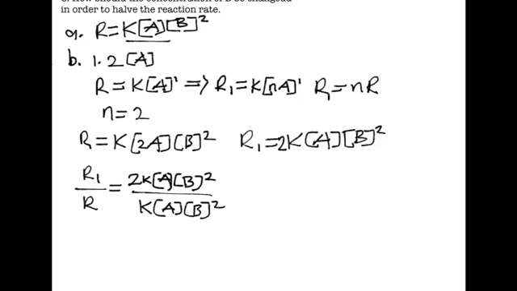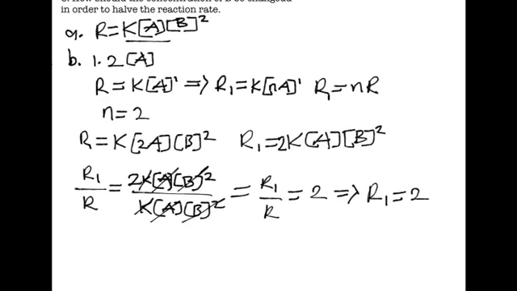This will cancel out this, as well as this cancel out this, and K also cancelling out. So what is going to be left is R1 over R being equal to 2. Now we are looking for R1, so this implies that R1 is equal to 2 times R.